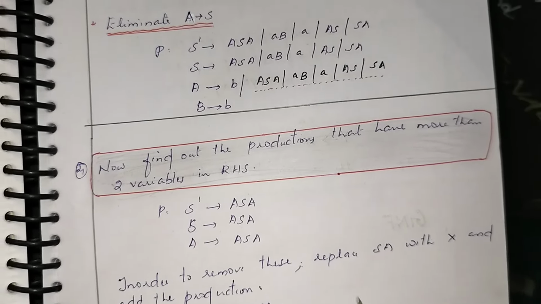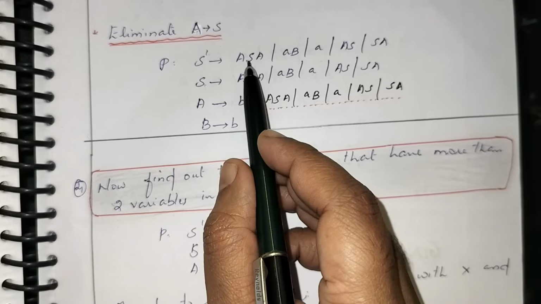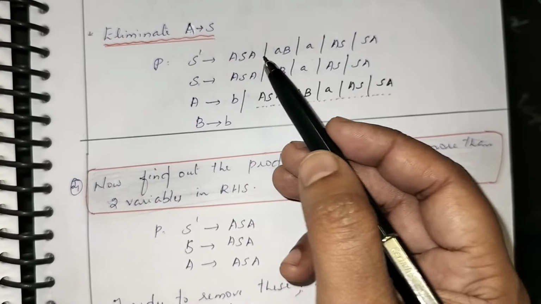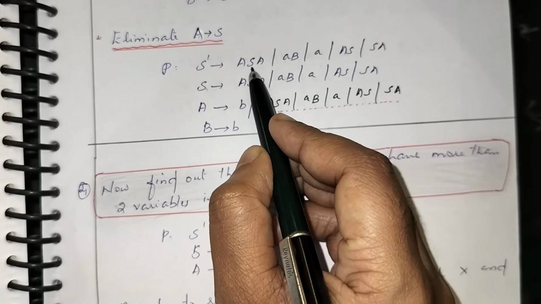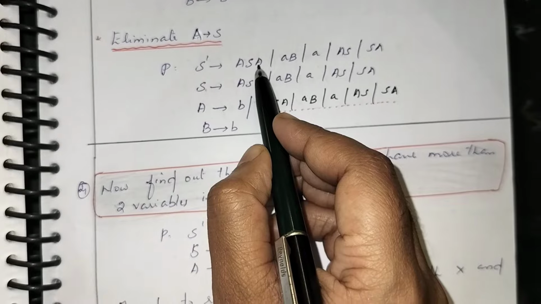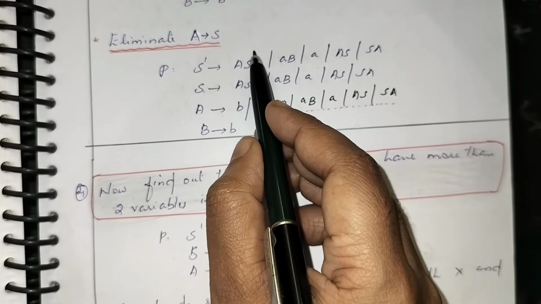So what we need to do, we should have only two non-terminals here. So we need to replace it with a new non-terminal. So instead of ASA, I am replacing SA with X. That is, X gives SA. Okay, instead of SA, I am replacing with X. So I can write AX.